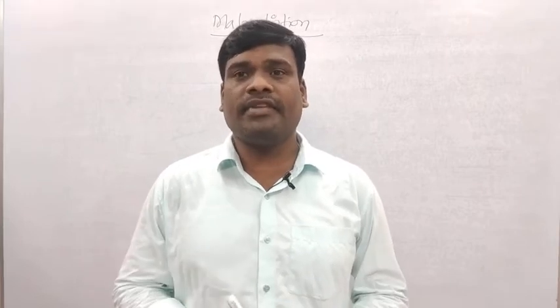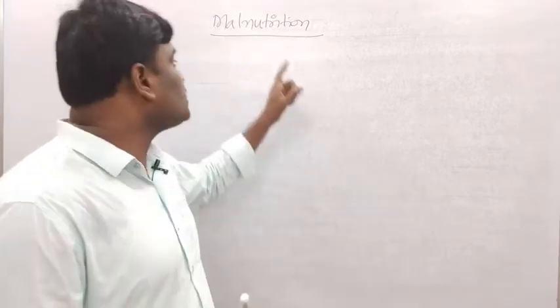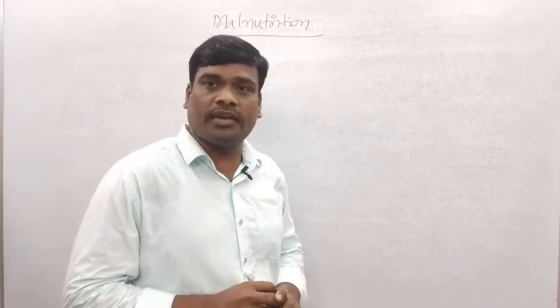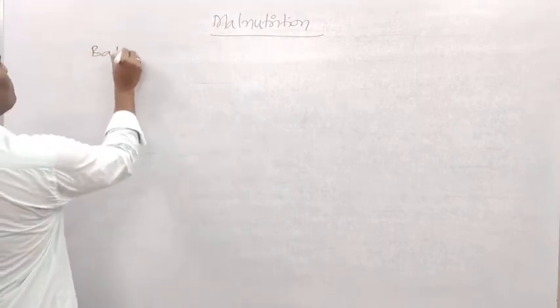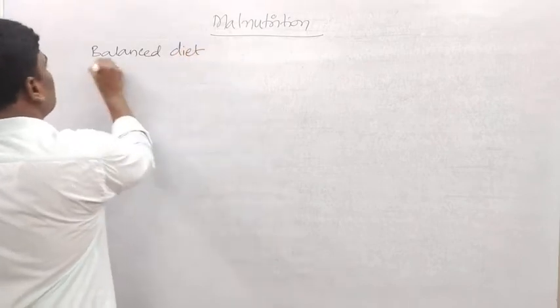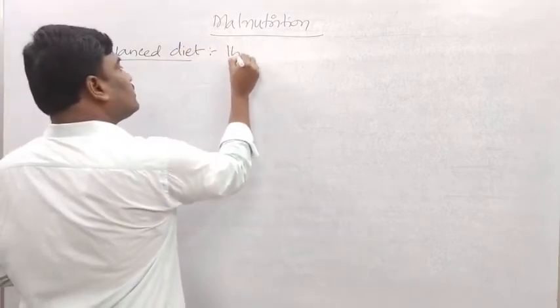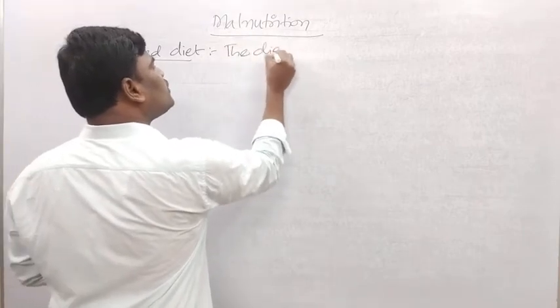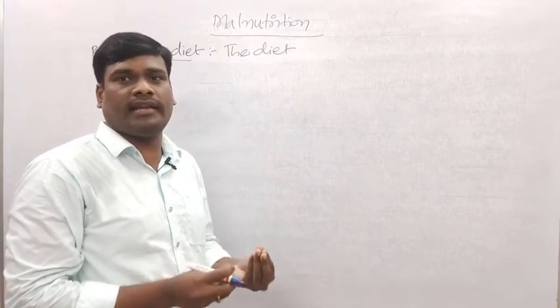So let us see the definition of balanced diet before going to study what is meant by malnutrition, children. Okay? So let us see balanced diet. What is meant by balanced diet? The diet, what is diet here, children? Diet is nothing but the food which we are taking daily, isn't it?